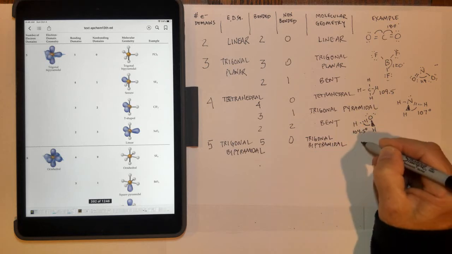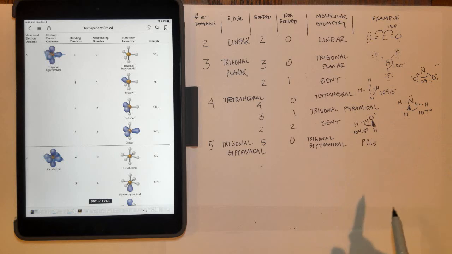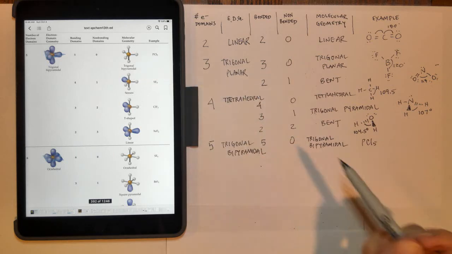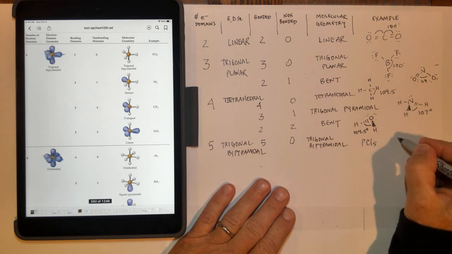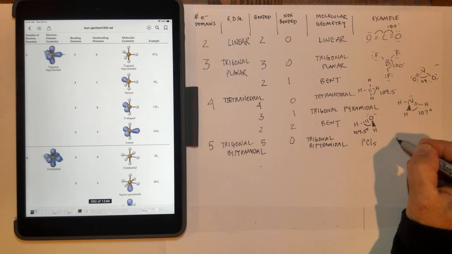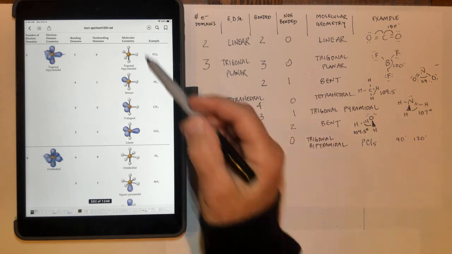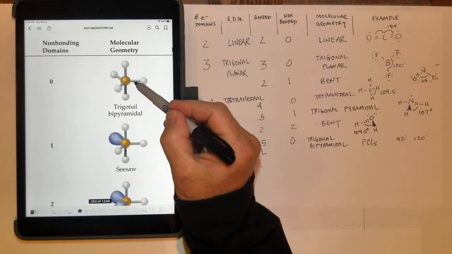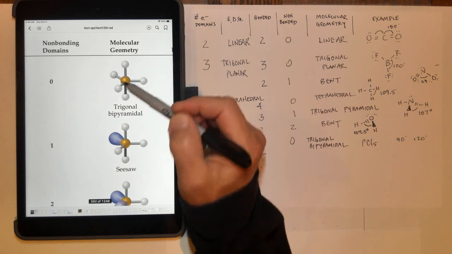An example of that is PCl5, and we actually do this structure back in chapter 8. You can see it right here. In this, we've got bond angles of 90 degrees and 120 degrees. Right around here in this equatorial domain, we have 120 degrees between those guys, and right here we have 90 degree angles on the top and the bottom.